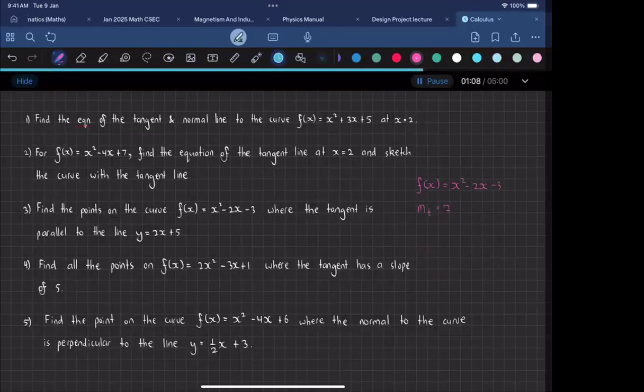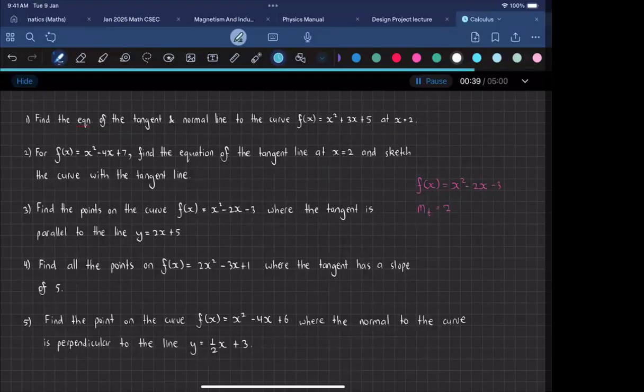Now, if we didn't know what the gradient of the tangent was, what would I have to do? How do you find the gradient of the tangent? Differentiate the function and plug in the x value. All right, you're getting somewhere. We don't have any x values to plug in, right? But do we know what the gradient of the tangent is?